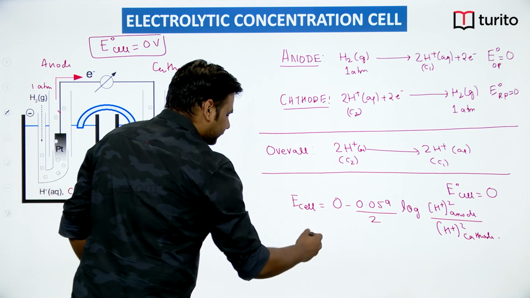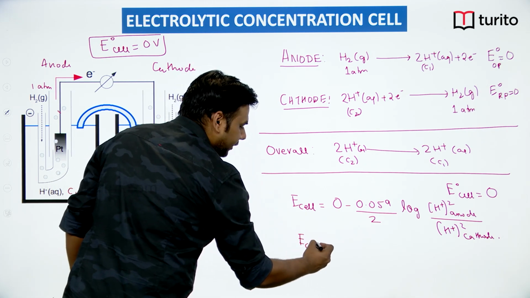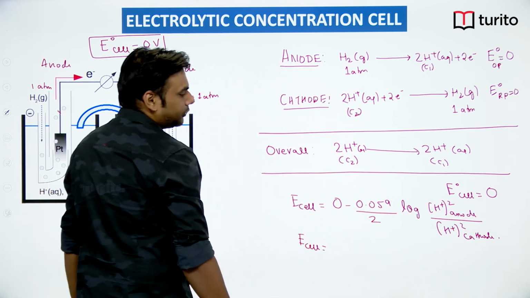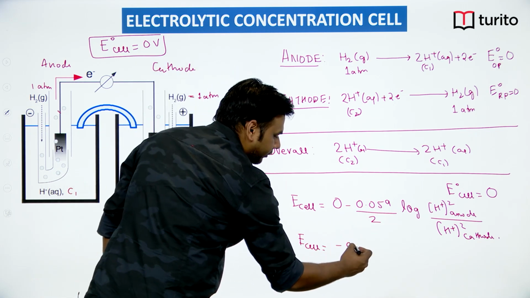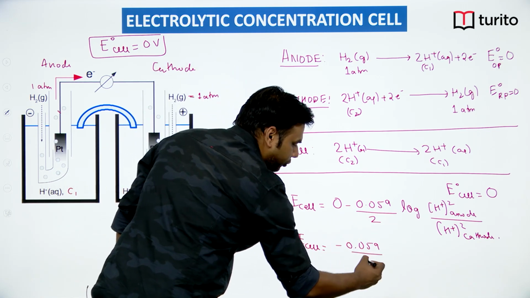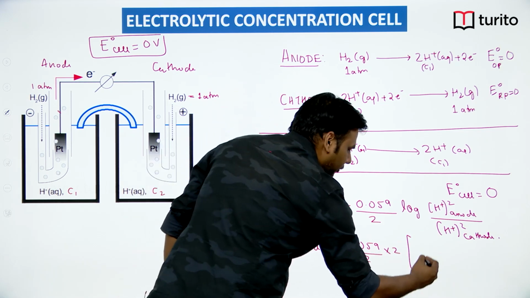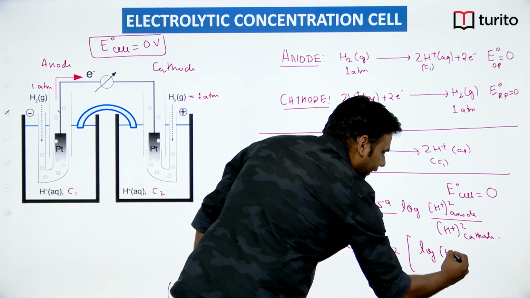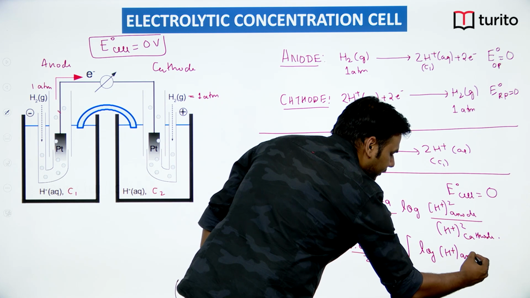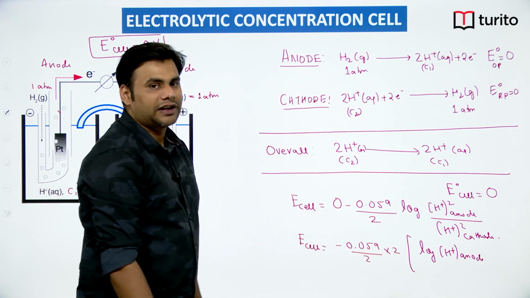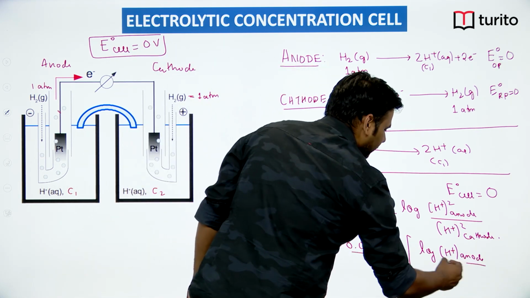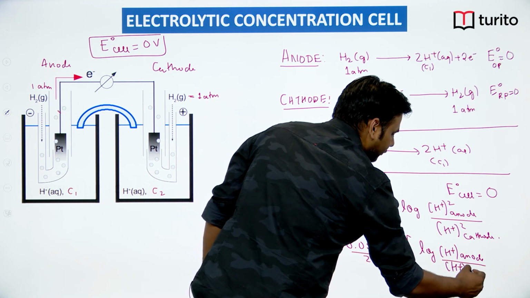So just you can take this factor square outside. So this will become minus 0.059 upon 2 into 2 log of H plus anode divided by H plus cathode. Okay, so just remember this formula.